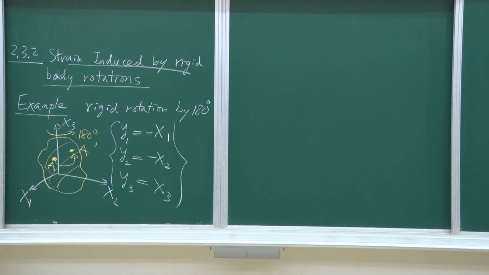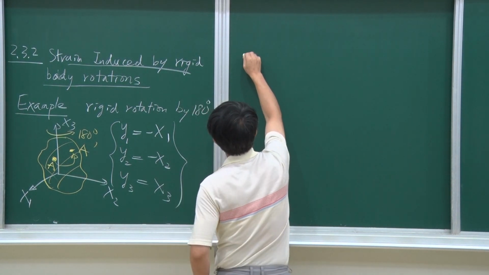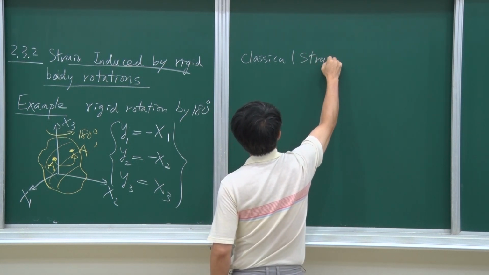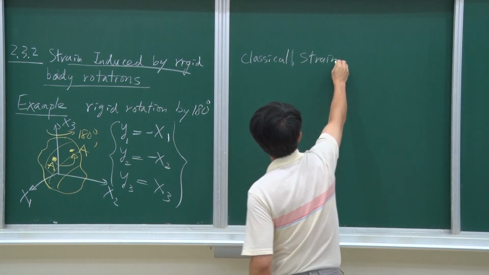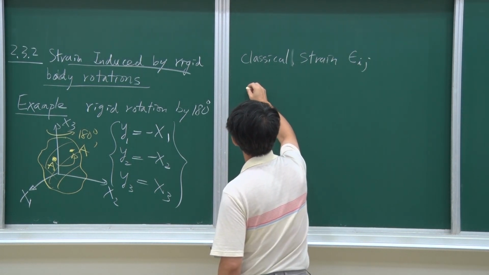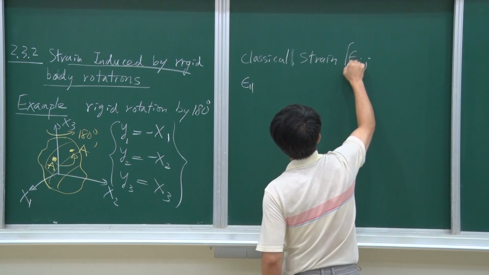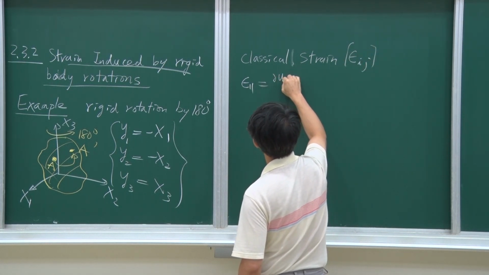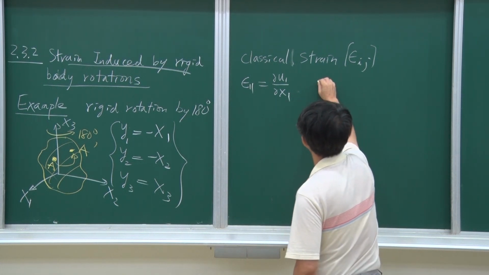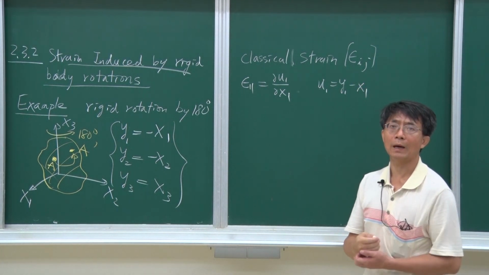Here, if you have no problem, then let us calculate the strain, the classical strain. Let me calculate epsilon 1,1. But what is U1? U1 by definition is y1 minus x1.